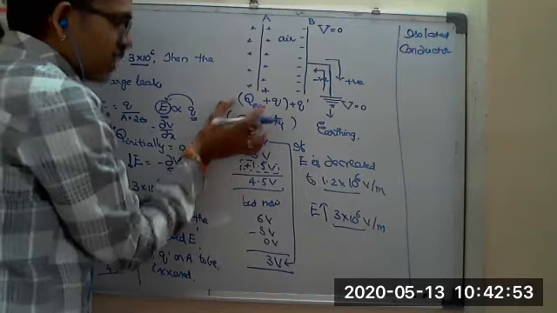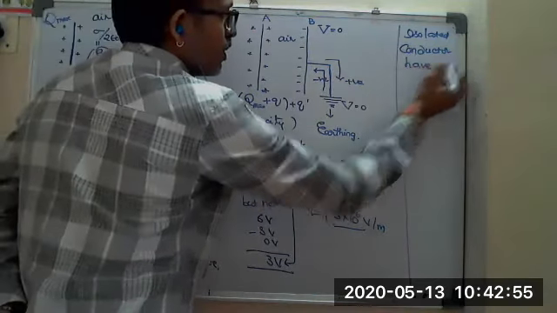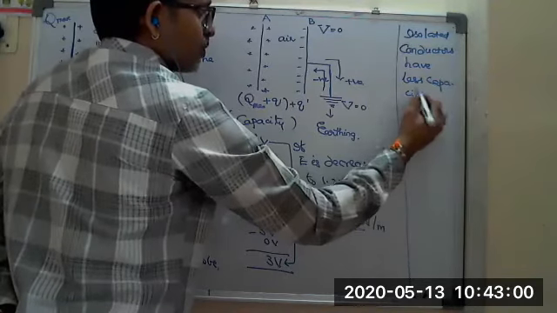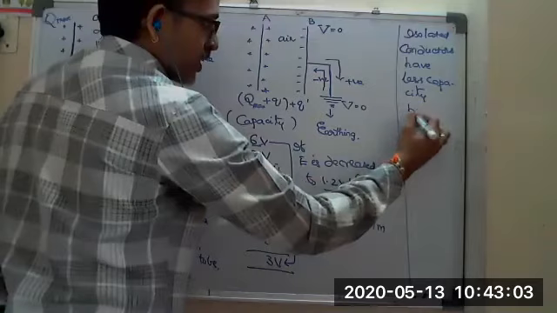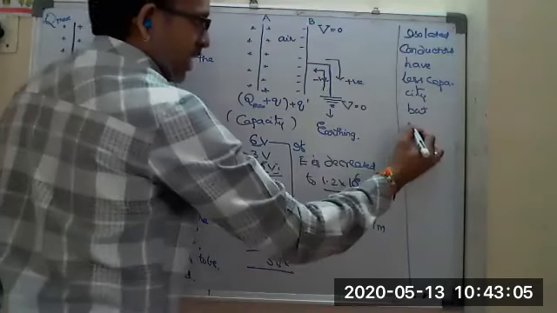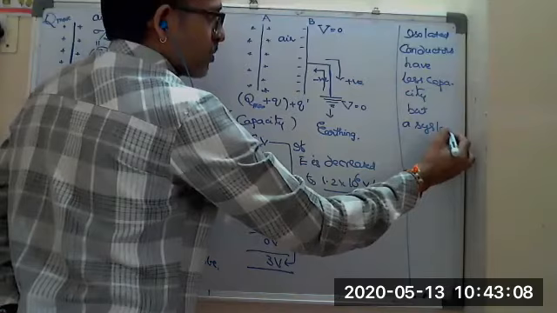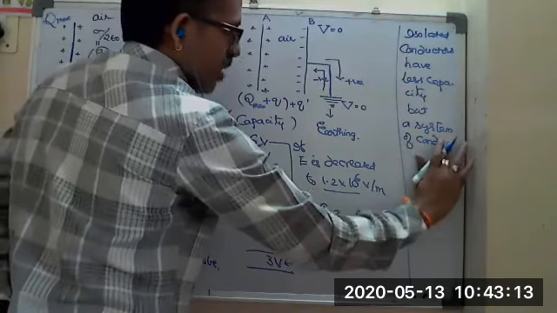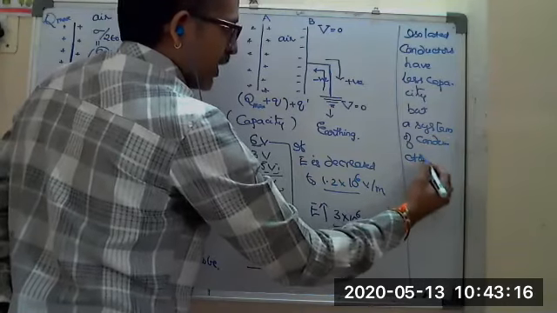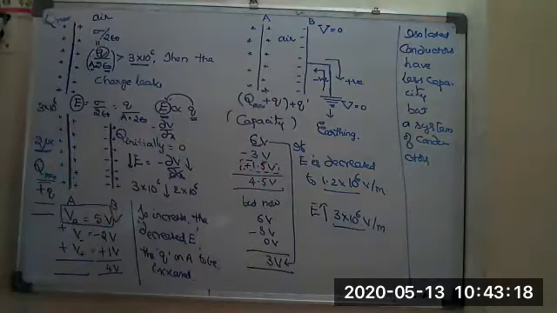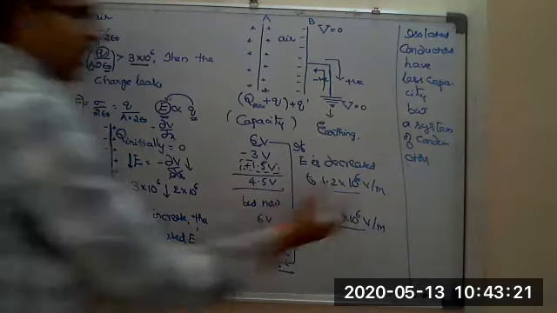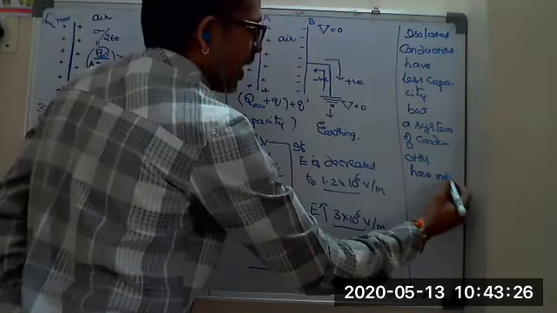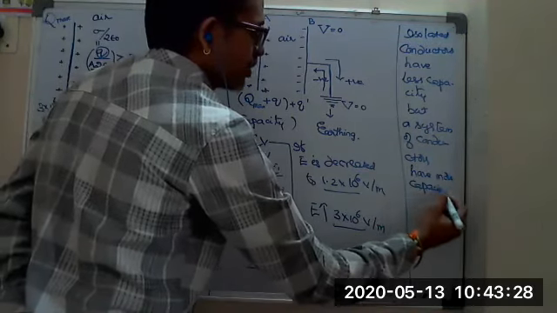So my conclusion: isolated conductors have less capacity to take the charge, but a system of conductors, meaning here how many conductors I took? 2 conductors. A system of conductors has more capacity to take the charge.